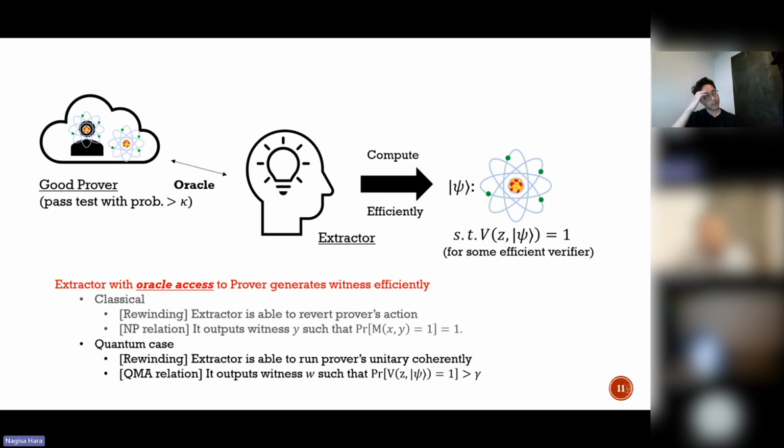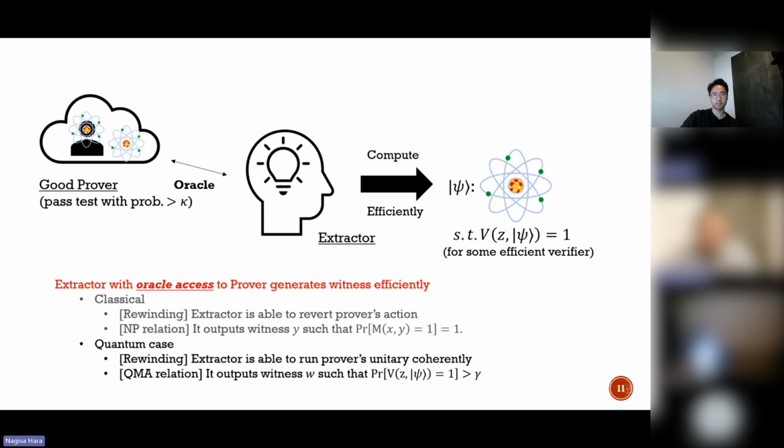That's a good point. First of all, we have to choose the probability gamma because in the QMA language, the verifier's accepting probability is not one. It's probabilistic acceptance. And usually you can amplify this property.